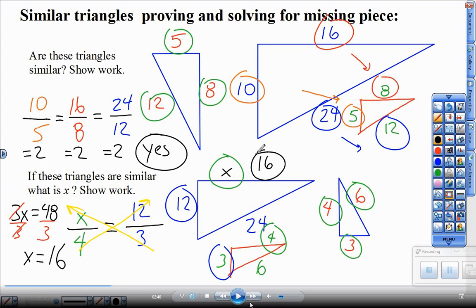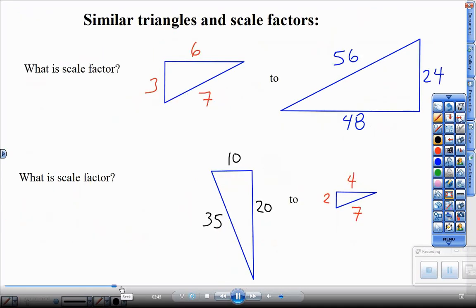Problems. Alright, next, scale factor problems. For these, make sure you're putting the image over the preimage. I would like you to redraw these again. So I'm going to draw it so they match up. I'm going to make sure I put the numbers in the right place. 6 on the bottom, 3 on the side, 7 on the slant.